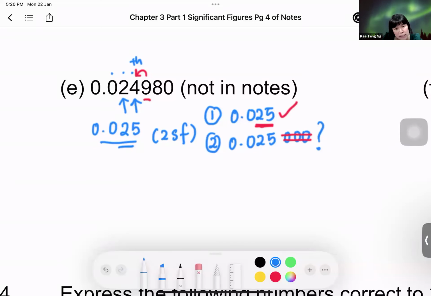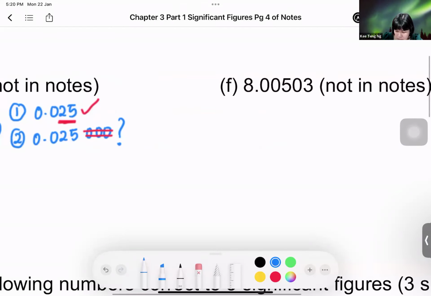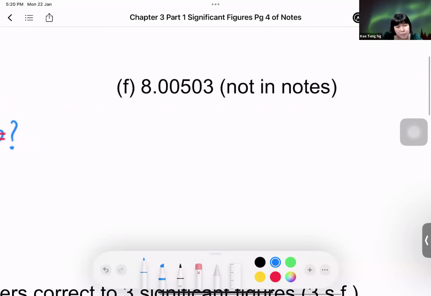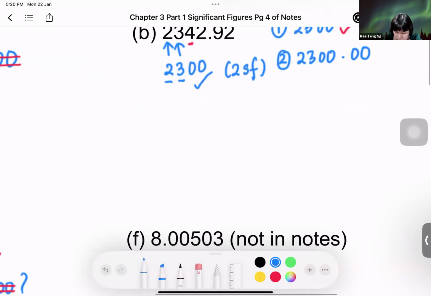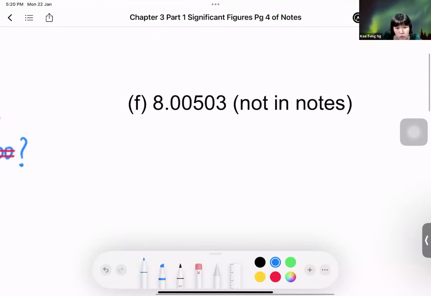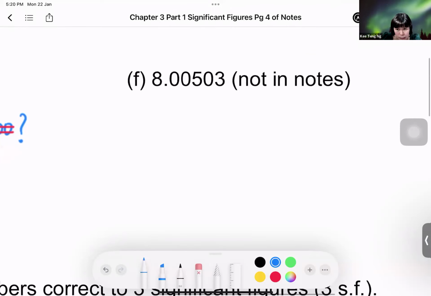Have you gotten the concept? Let's try one more question. What about this number? This is also not in the notes. Please write it down in your notes. I want to round this number off to 2 significant figures. Let's look for the first non-zero number.